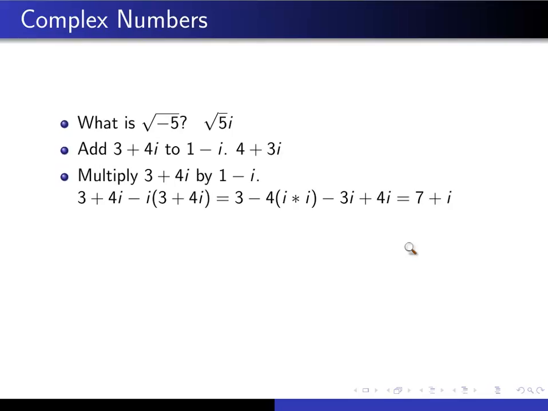That's if you multiply 1 by 3 plus 4i, minus i times 3 plus 4i. So you're multiplying it by 1 minus i, so that second part is that minus i part we have, and we multiply that by 3 plus 4i. So we just multiply things as usual.